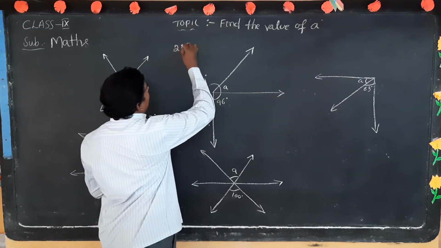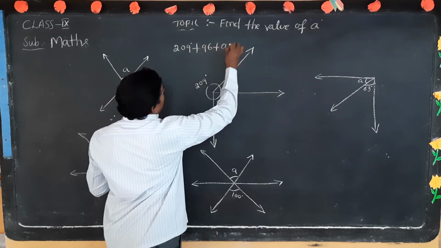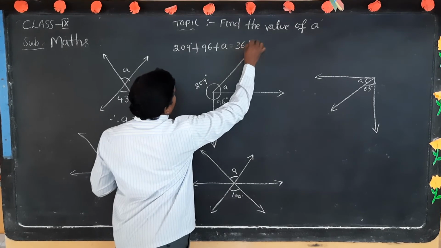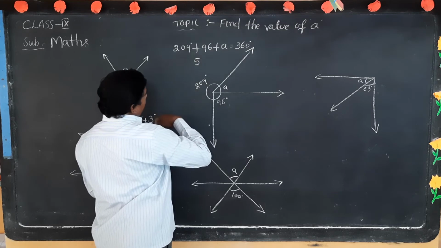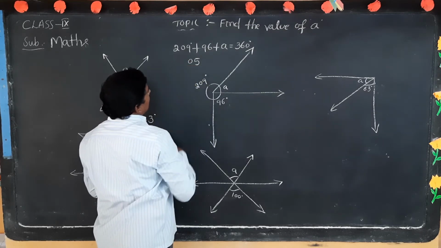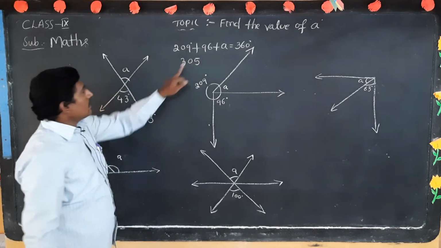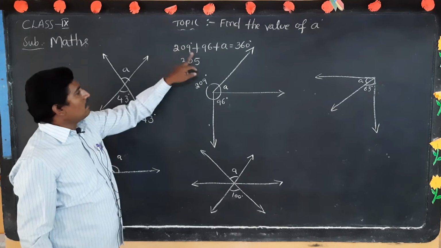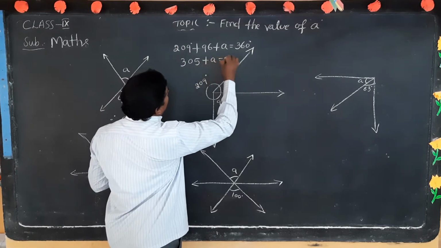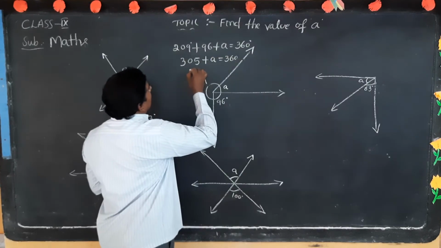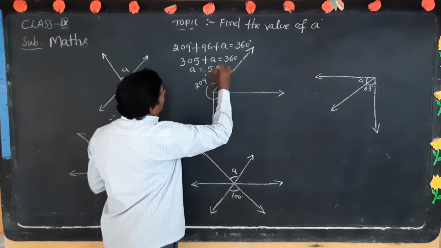So 209 plus 96 plus A is equal to 360 degrees. Adding both, 209 plus 96 is 305. So 305 plus A is equal to 360 degrees.